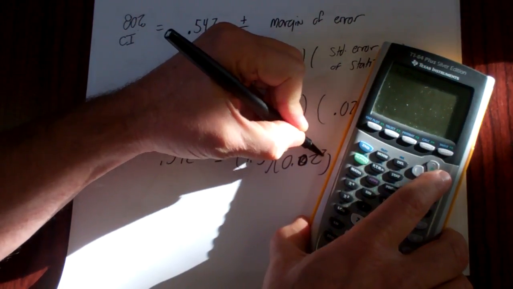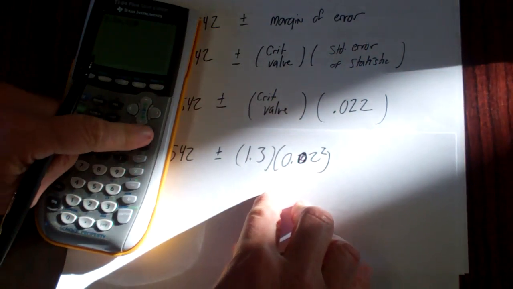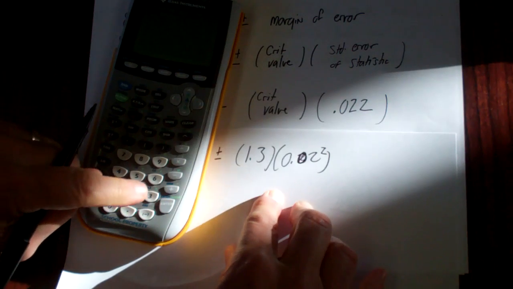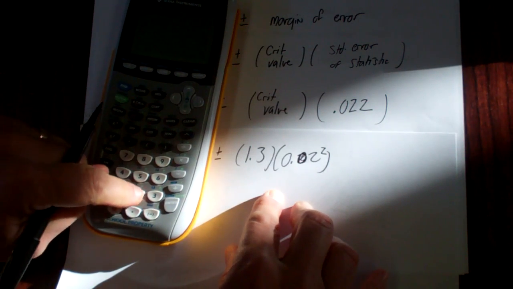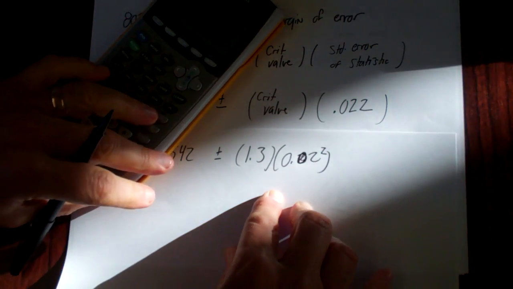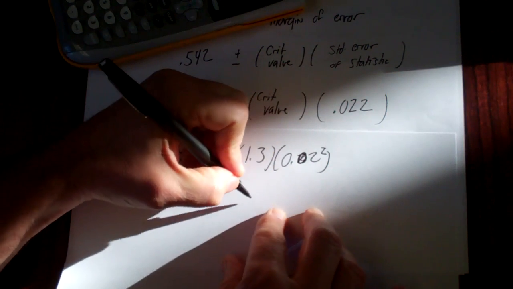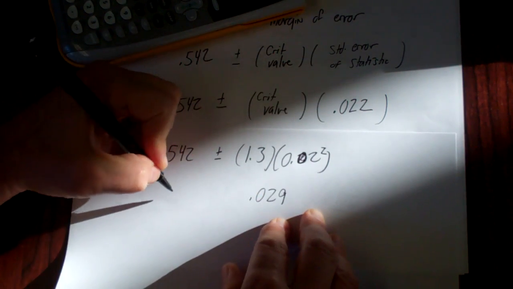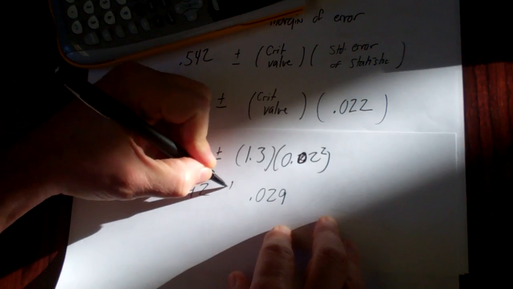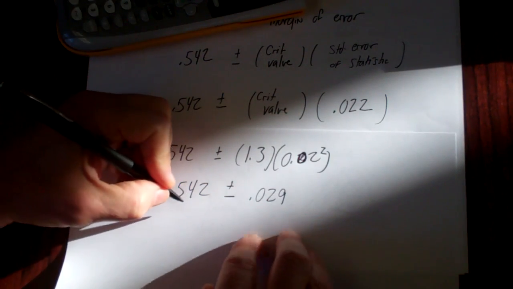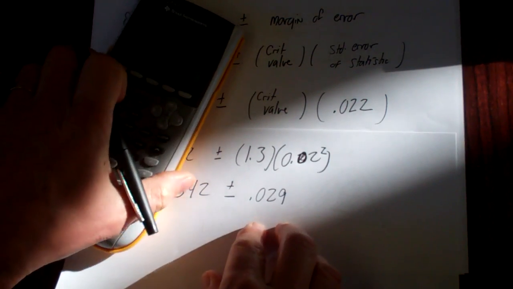Sorry, let's do that again. So that's 1.3 times 0.022, which is 0.029. So you get 0.542 plus or minus 0.029, and then you just add and subtract.